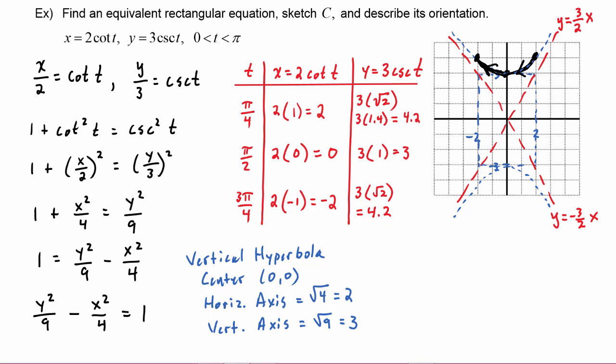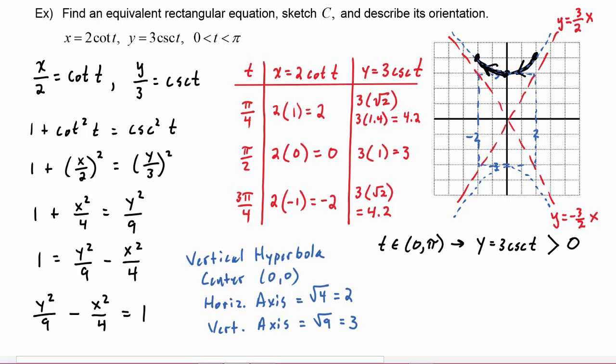Now let's get a sense of what is happening on the graph here. We know that t has to be between 0 and pi. And if we look at our y value, which is 3 cosecant of t, we know that cosecant between 0 and pi is always positive.